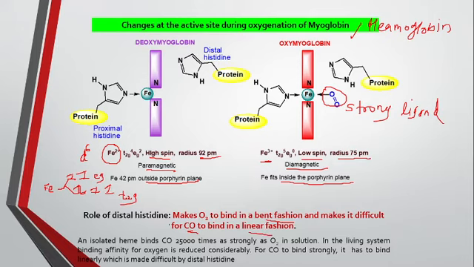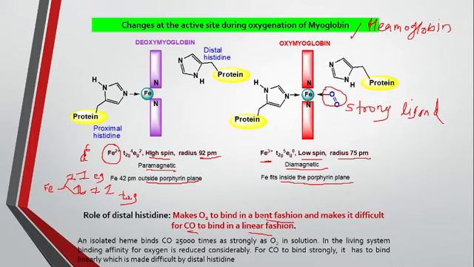Here this histidine, first of all in the deoxy form, is in the proximal state, and then in oxymyoglobin it gets converted to the distal histidine, and this distal histidine binds the oxygen in the bent fashion. It forces the oxygen to bend, and then this bent oxygen binds to the Fe. That's why this distal histidine is very important.